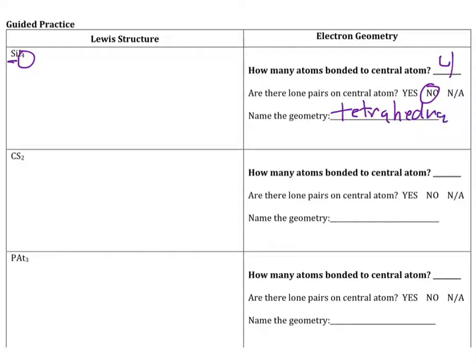Tetrahedral. Now the Lewis structure, again, there's 4 valence electrons, and then we have 4 of these guys all around. I'm running out of space here. Actually, I'm going to write a little bit smaller. So 4 valence electrons, and then we have 4 of these.